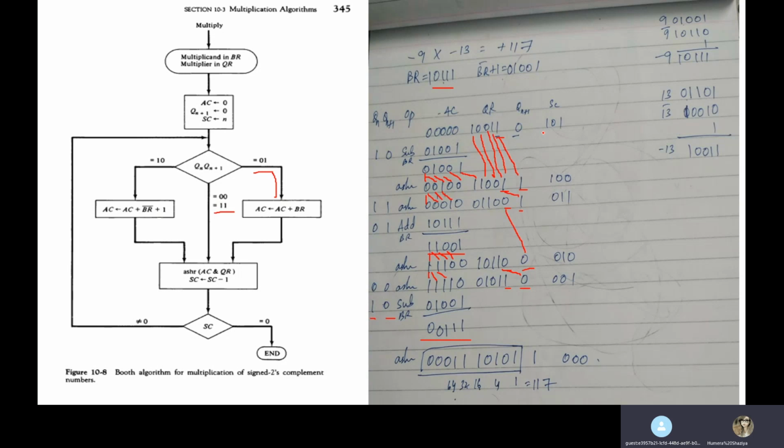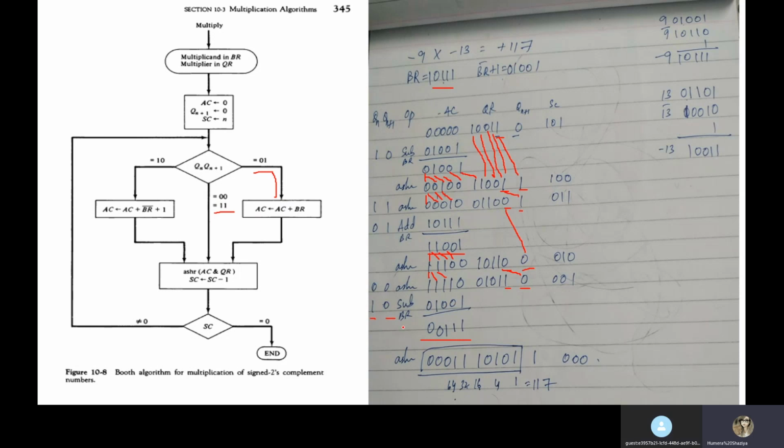the sequence counter is decrementing every time. After every arithmetic shift right, the sequence counter is decremented. After this, 5 becomes 4. After performing arithmetic shift right, 4 becomes 3, and so on.